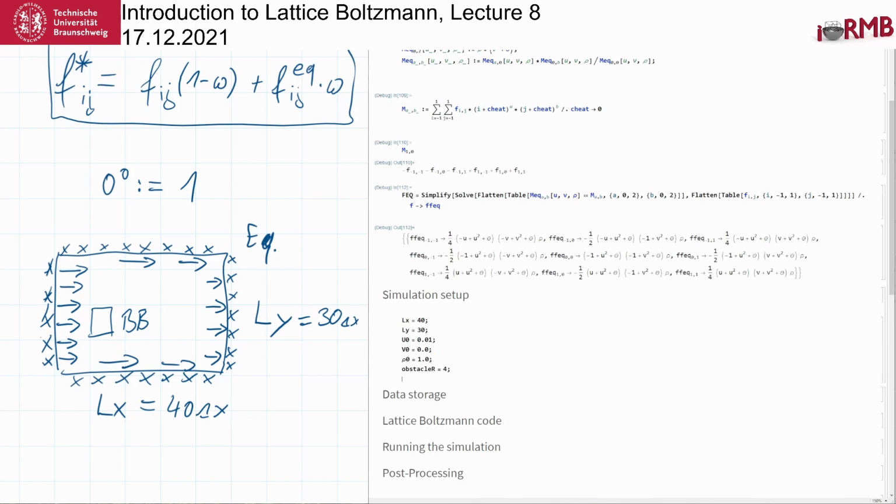And of course, because we want to run a BGK code, we also have to specify our omega. I just give it an arbitrary number, omega equal to 1.9.